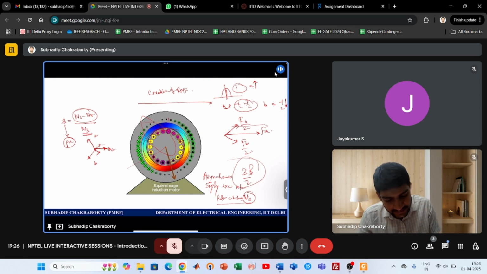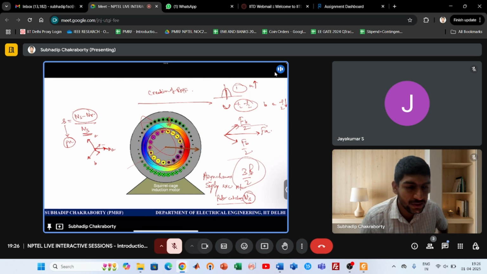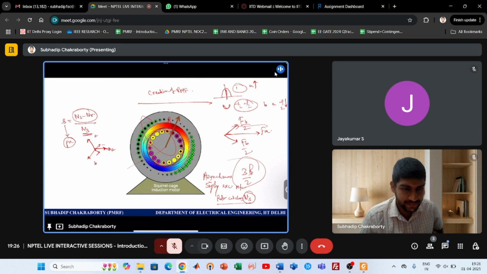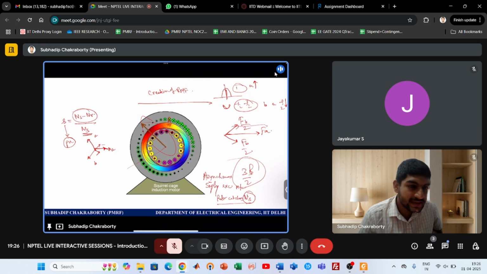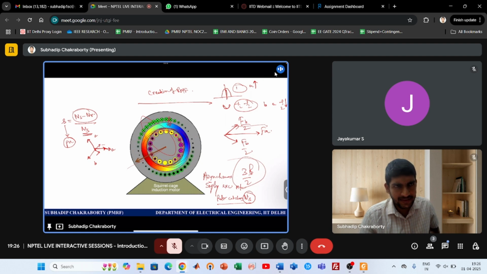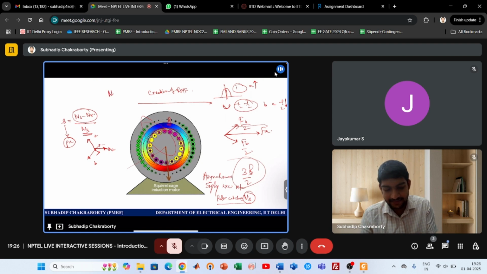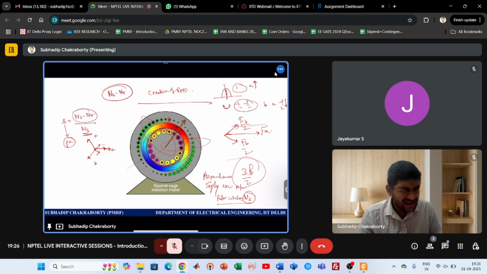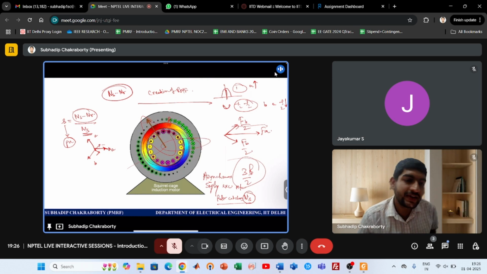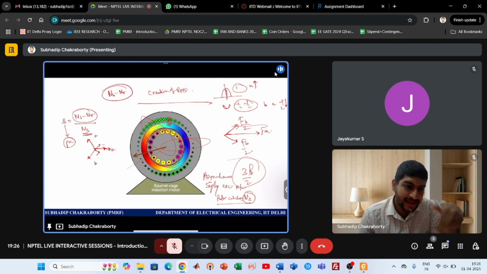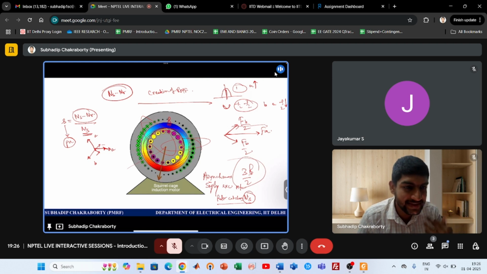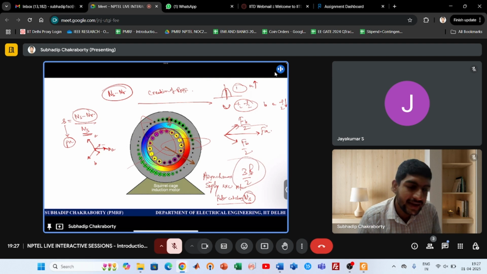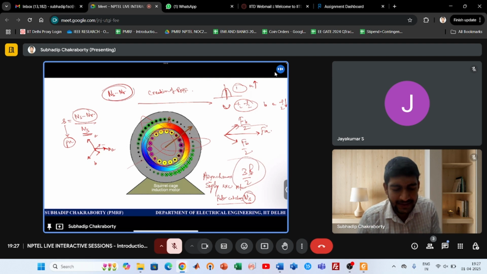So if a person sits on the rotor and tries to observe, what will he observe? The speed of the rotating field. He will observe that it is ns minus nr, because this magnet is rotating with ns. If I sit on the rotor and could see the virtual magnet with my eye, I would observe ns minus nr.